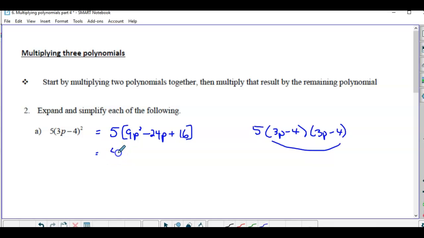So now I multiply through by 5, I get 45p squared minus 5 times negative 24 is negative 120p plus 80, 5 times 16. Okay.